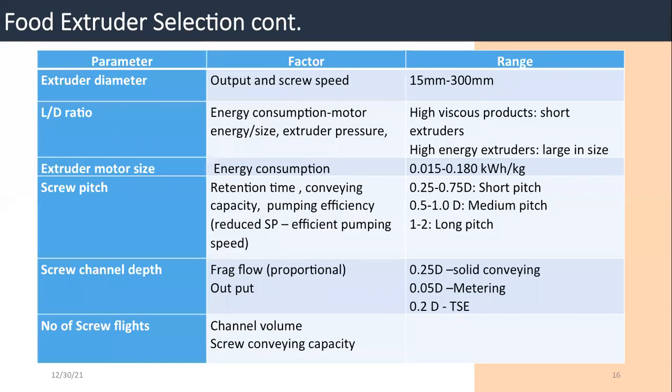And there are customized extruders available. Then you have to customize the flight heights and the number of flights we need, right? It is important to get a particular extruder, a multi-purpose extruder. Then what you have to do is change the die, change the shaft, change the flight heights.